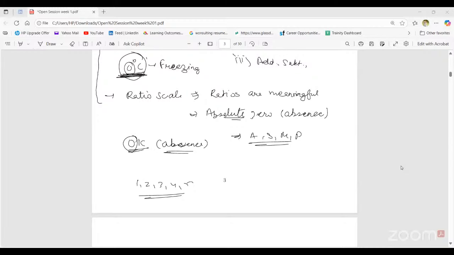It's like 0 degree Celsius. The angle is zero. If someone can solve my doubt.